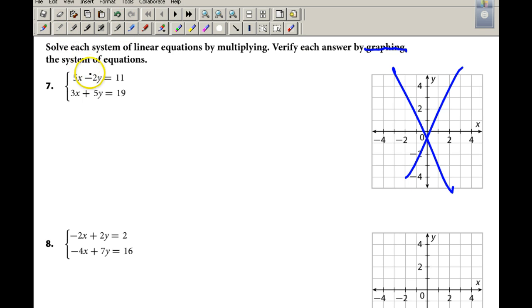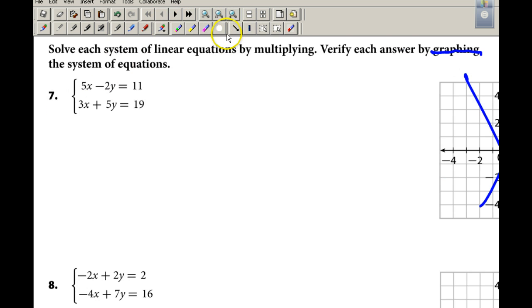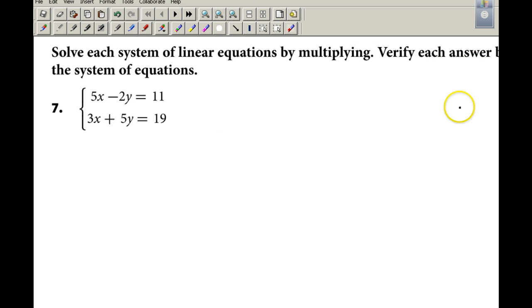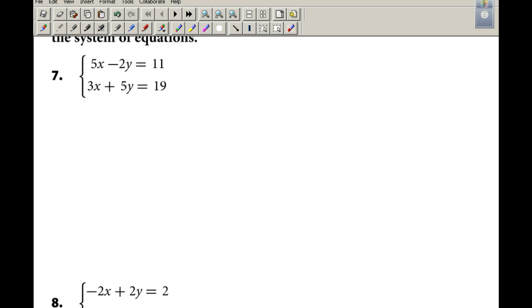So let's do number 7 here. Which variable would you like to cancel out, and what do we need to multiply by? Any requests? So first choose a variable, x or y.